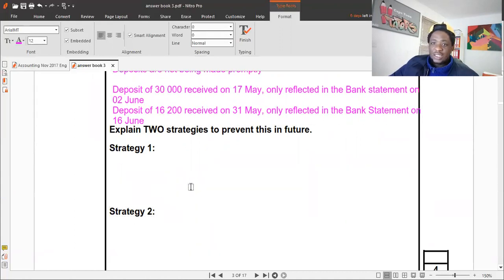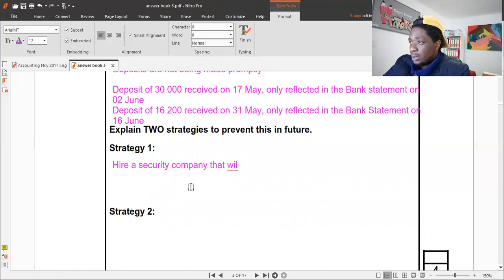So the first strategy that I would put forward is to hire a security company that will collect and deposit money on a daily basis.